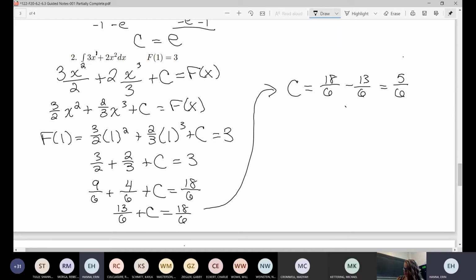We'll get 5/6. So the actual antiderivative we're looking for will be 3/2 x squared plus 2/3 x cubed plus 5/6.